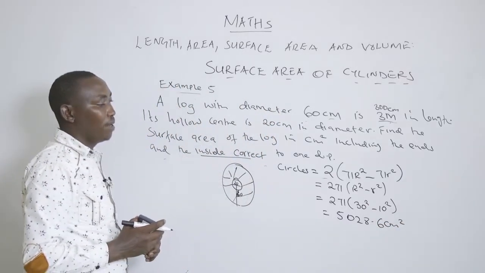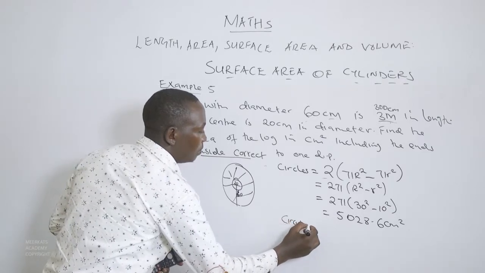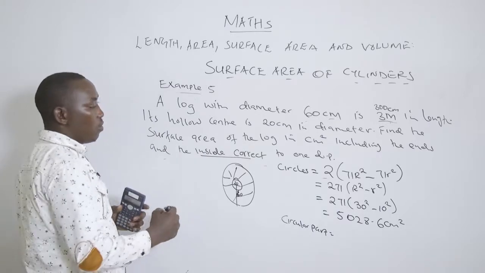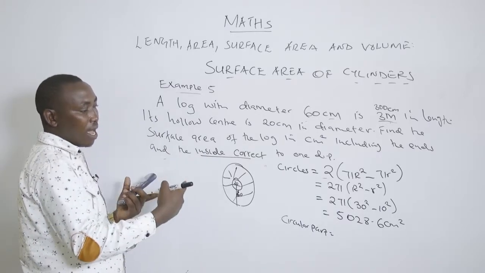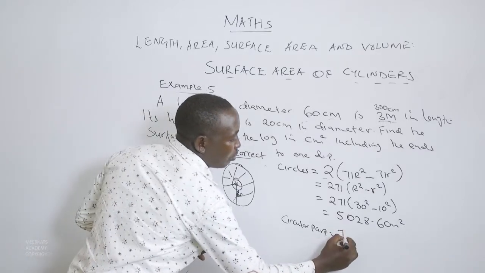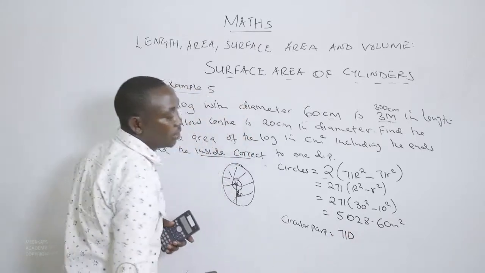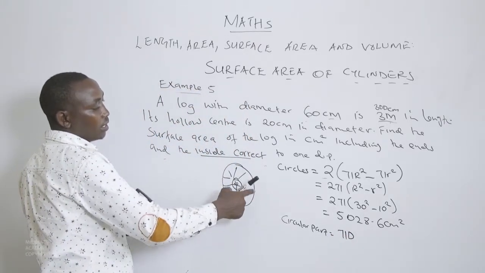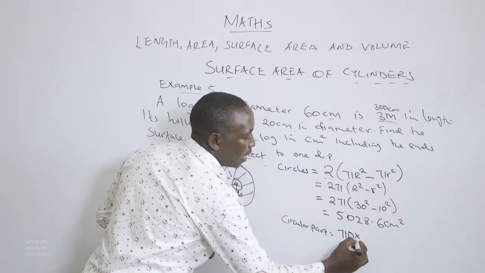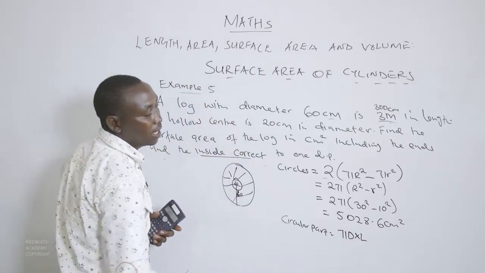centimeters squared. Then for the curved part, there are two. We have the outside and also the inside. The outside part can be obtained by taking pi d, that is the distance around the bigger circle, multiplied by the length, which was 300 centimeters.